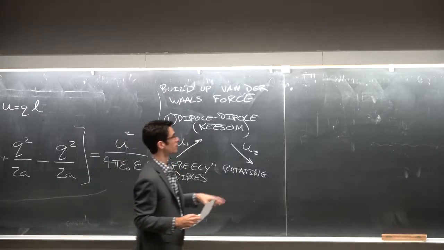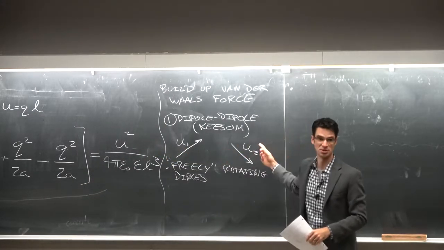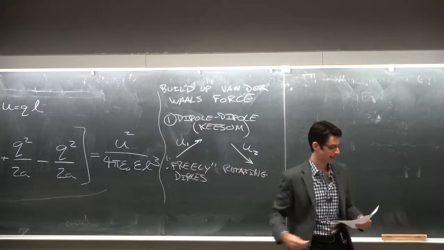So transient orientations of U1 produce an electric field which serves to align U2 transiently.